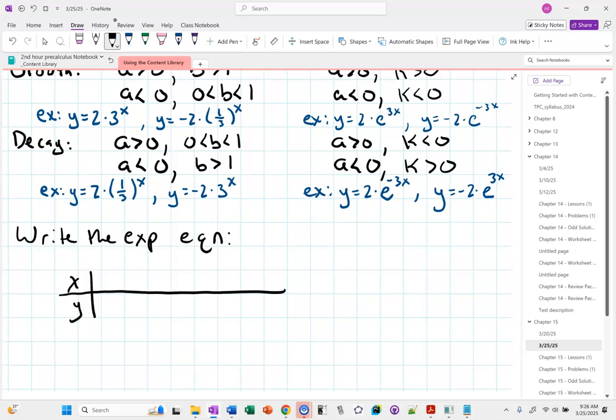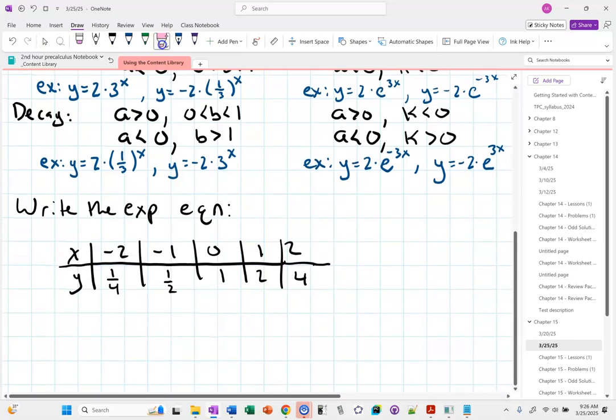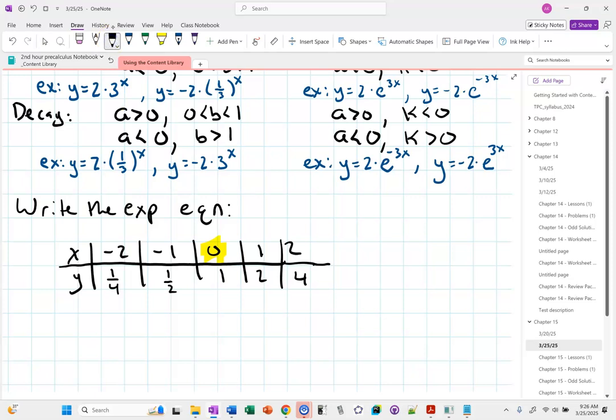We had a table of points, such as this. If we have a table of points, and one of the points has an x-coordinate of 0, this is no problemo.